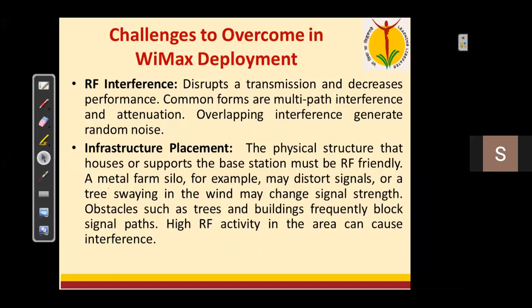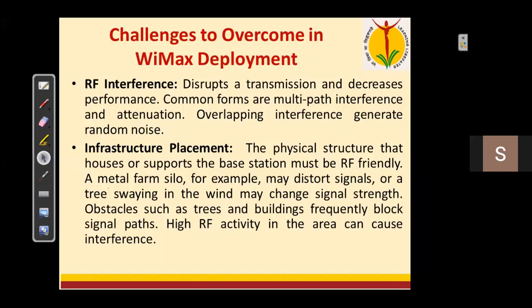Right. So now, what are the challenges for WiMAX? The RF interference. It is due to many signals coming together at the base station. Maybe they will add constructively or destructively, we don't know that, and when adding or overlapping with each other, they may create random noise.